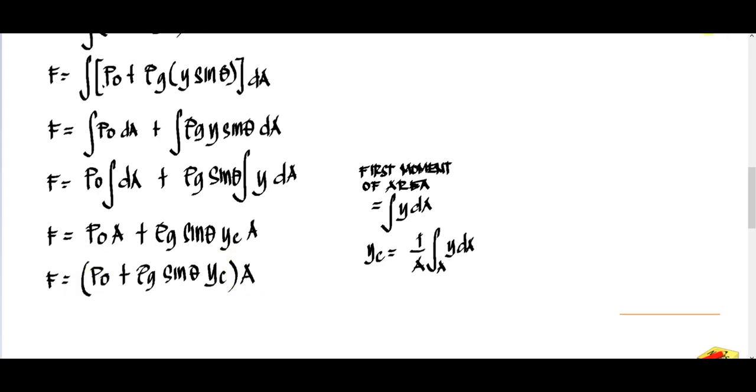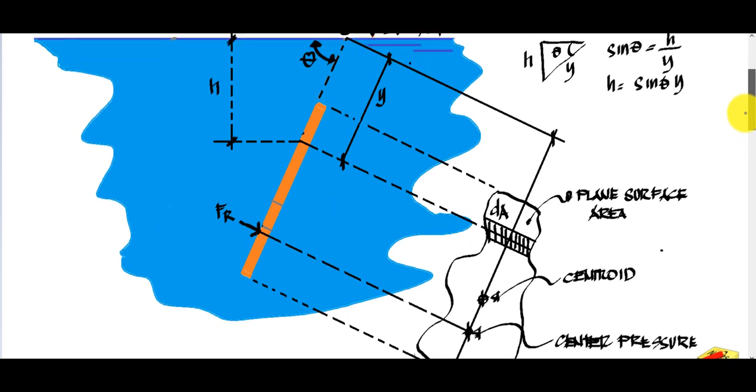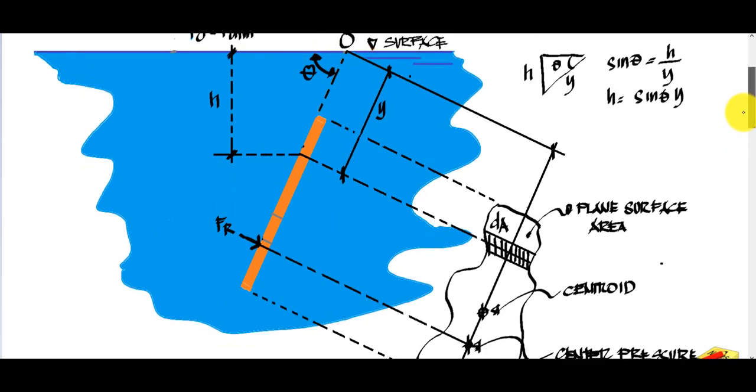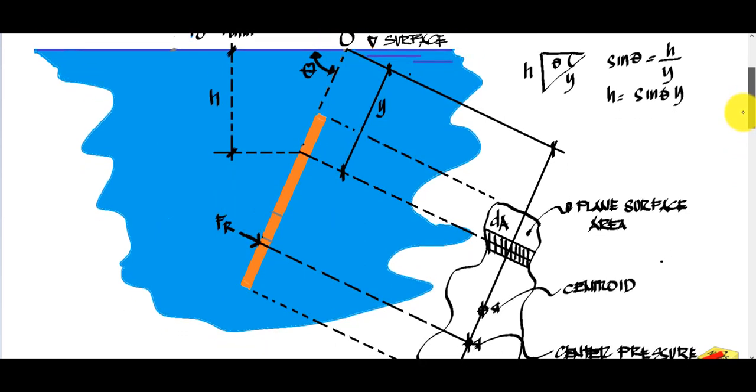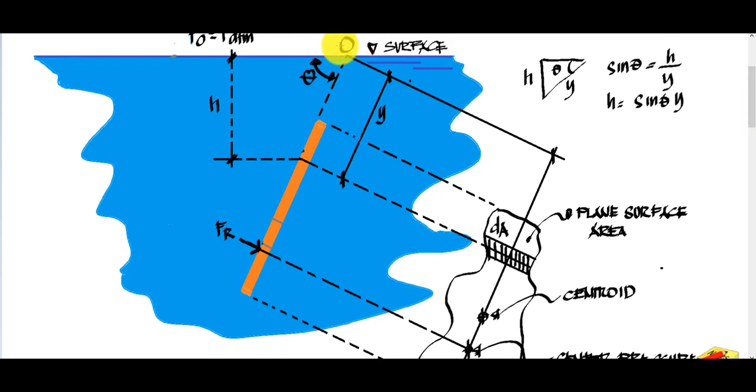So going back to the figure, determining the yc here in the figure. That is the distance of our, call this, centroid to the point O. So starting from here, the centroid, that will be the distance. So this is our yc, the distance from this one.